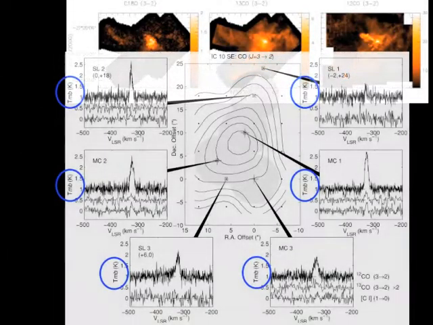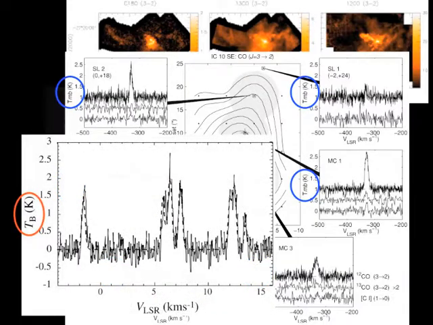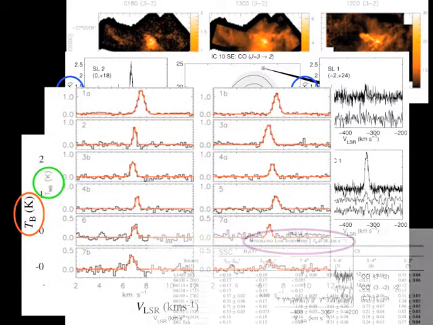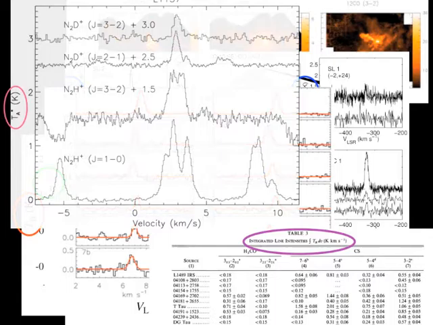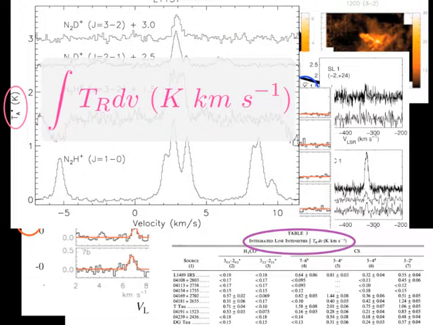Observations from single-dish telescopes, particularly spectral data, are often quoted in units of kelvins, or kelvins kilometer per second, which is the integrated intensity over a spectral line.